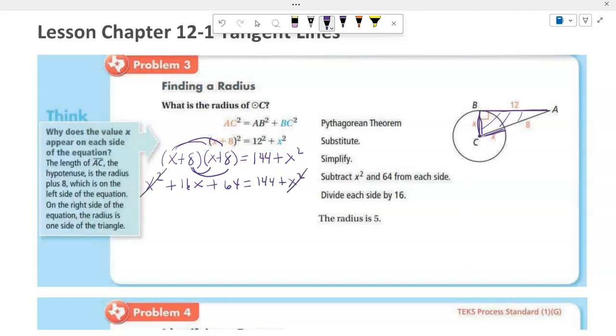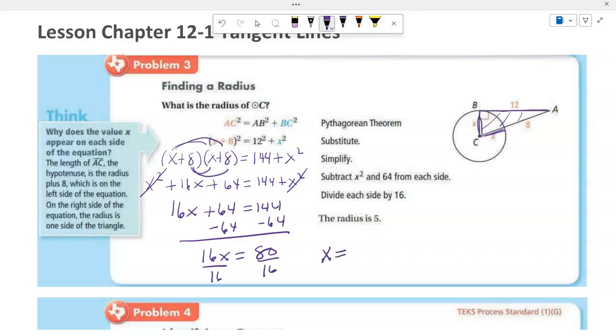Subtract x squared from both sides, and you're left with 16x plus 64 equals 144. Subtract 64 from both sides, so you have 16x equals 80. Divide by 16. 80 divided by 16 is 5. So 5 is the length of the radius.